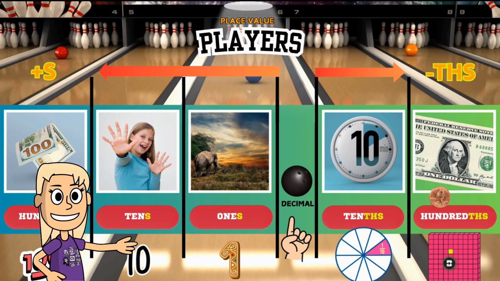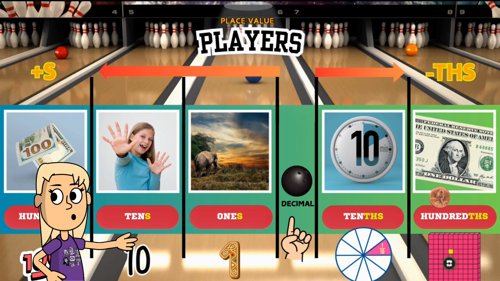Now look at the tenths. Look how it's a fraction, 1/10. And see how the circle has 10 parts all the way around? But 1/10 is only one of those parts. It is a fraction of the whole circle. So you kind of get the idea that everything on that side of the decimal point is a fraction.